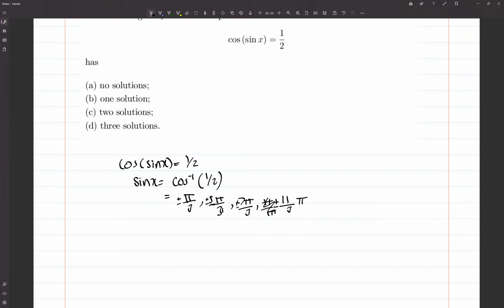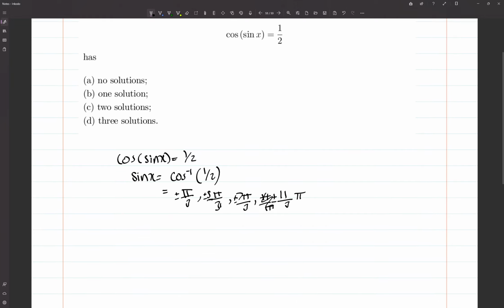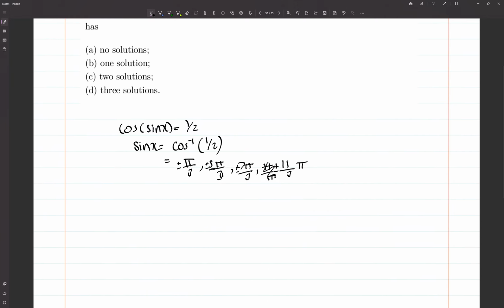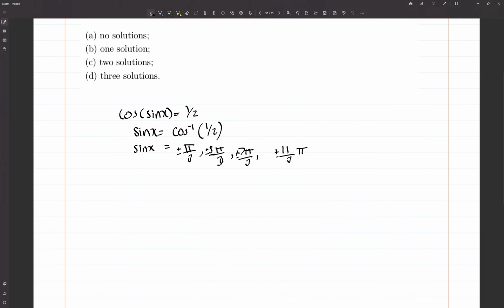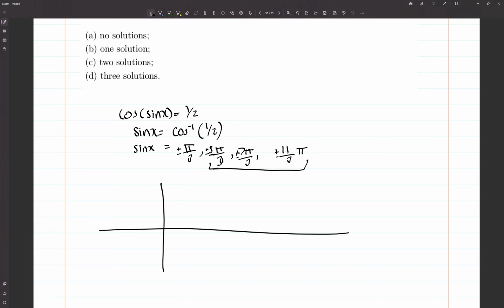Because it's an even function, you can do that. I need to get rid of this messy part. So if sine x equals that, my sine x will give me these answers as well. If you didn't know how I came up with these extra values, it's basically just using symmetry. I'm trying to keep it short because this one is a bit simple.